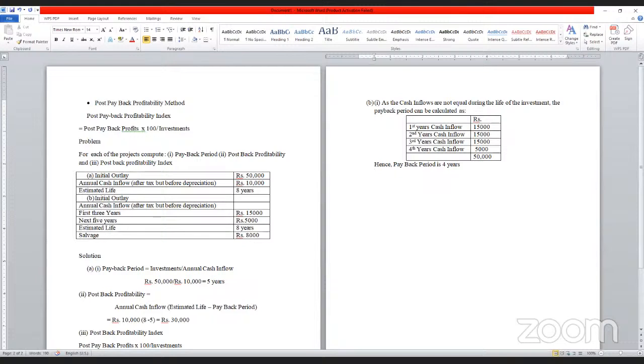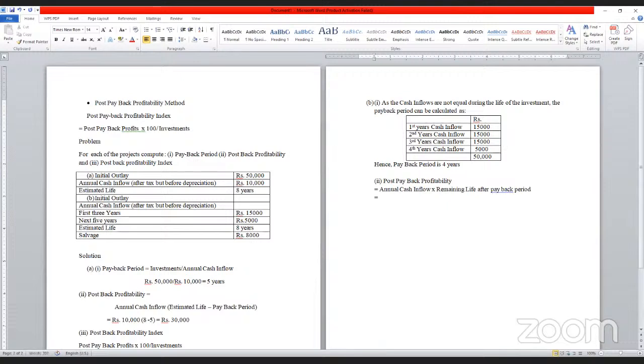Then the second one is post payback profitability. Post payback profitability is equal to annual cash inflow into the remaining life after the payback period.